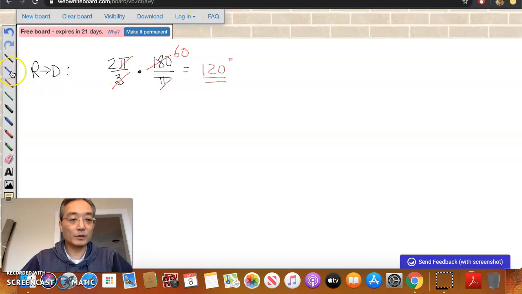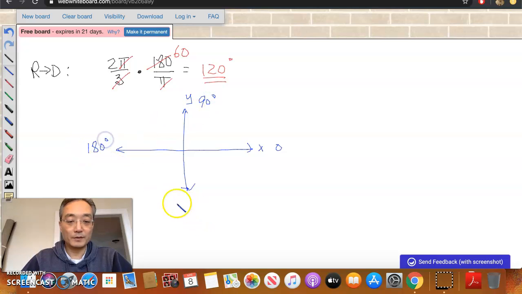So where is 120 degrees? Again, draw a little sketch. Okay, here's our x, and here's our y. And here is 0, right? This is 90. This is 180. This is 270. And then we're back to 360 again, correct?